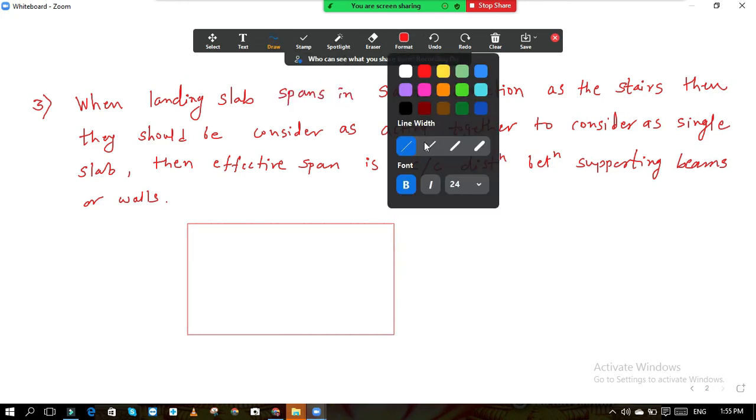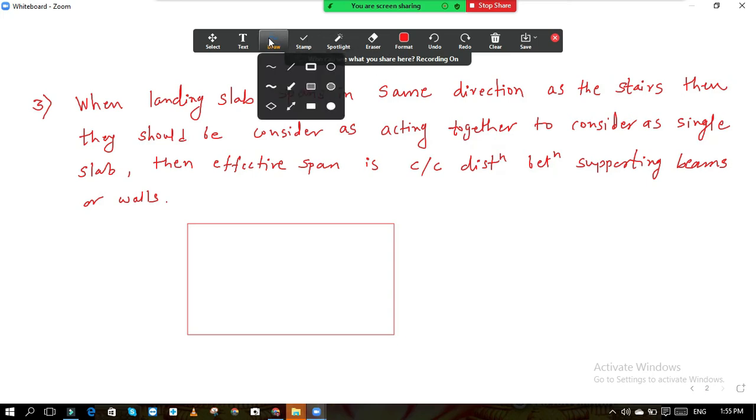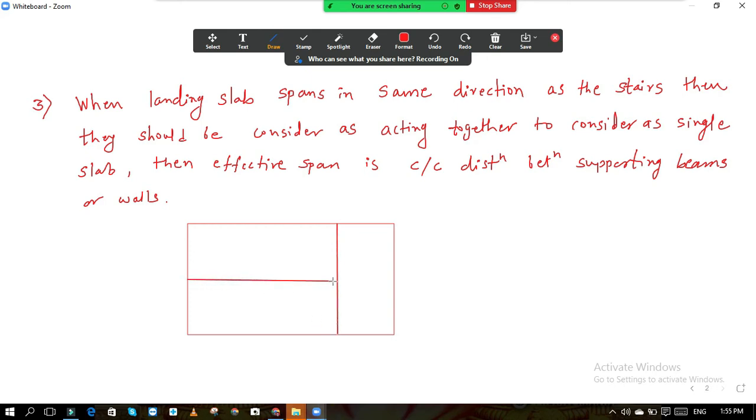Okay. So this is the landing. These are the steps which I am drawing now. Then the steps on this side will be dotted.